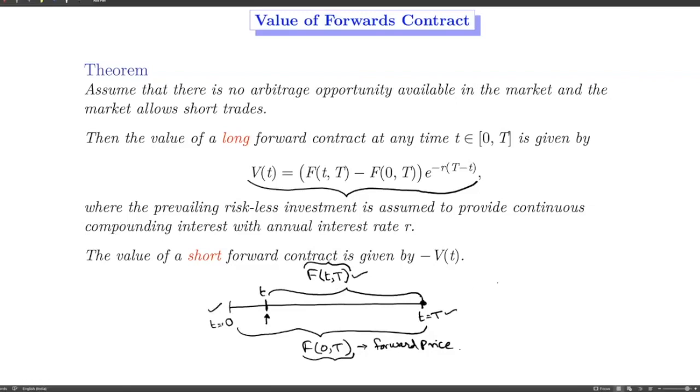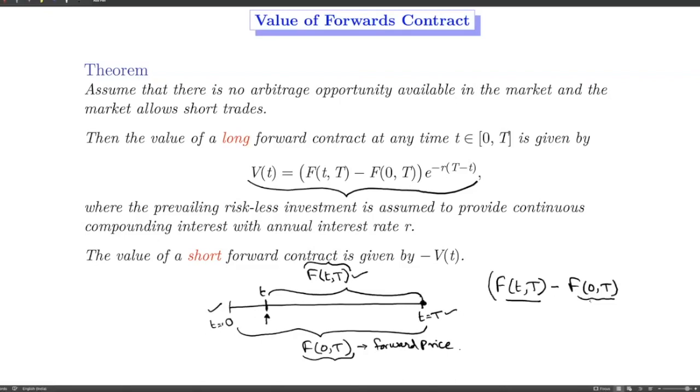So your value is the difference between, if you are a long position, then their price minus your price. Long means you will buy the asset for this price, right? So if this price is less than this price, it means you are going to buy the asset for a lesser price than what others are going to buy. So therefore you are at a profit.